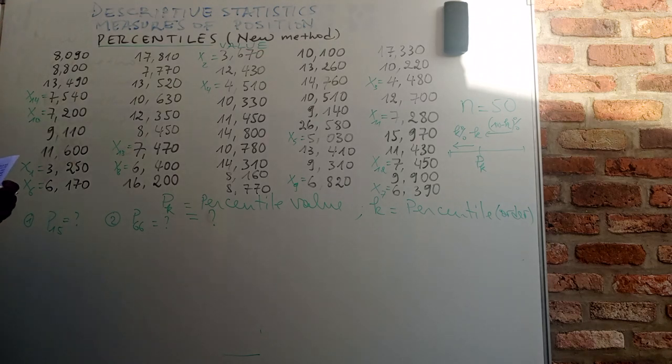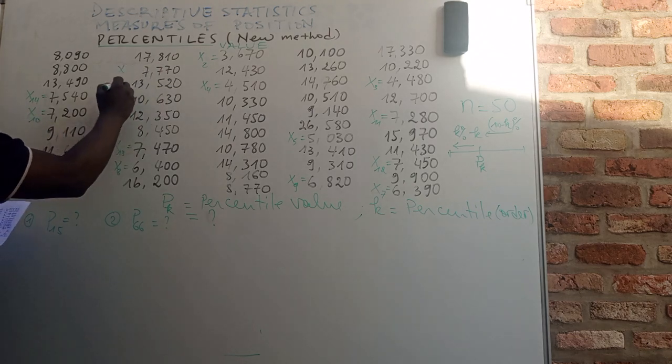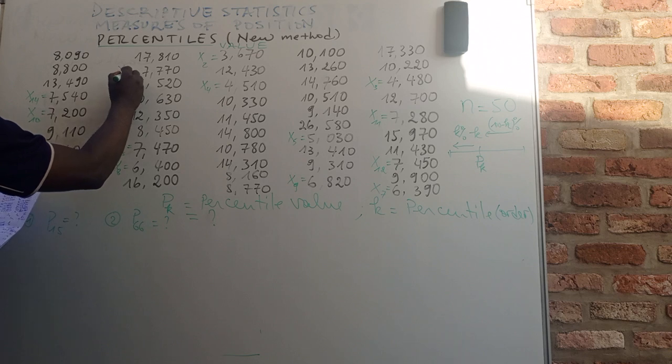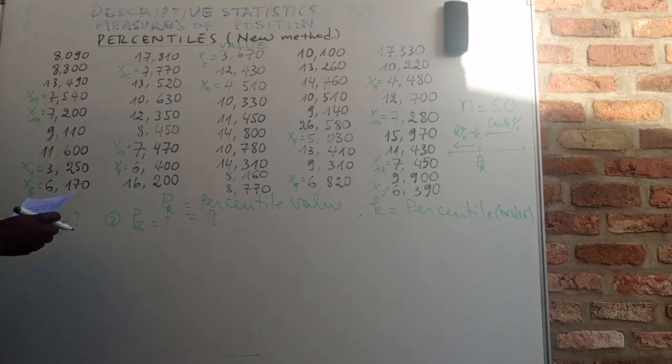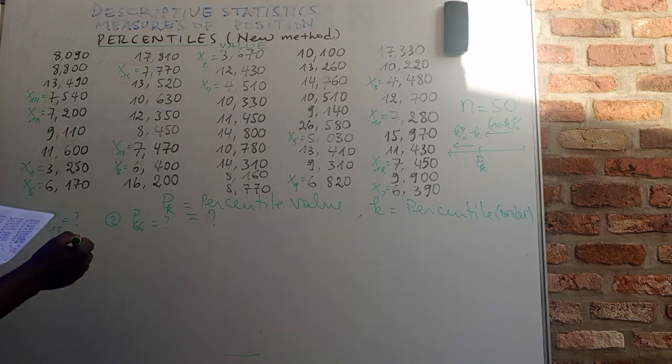X15 is 7770. It is here, X15. X16 is 8090.